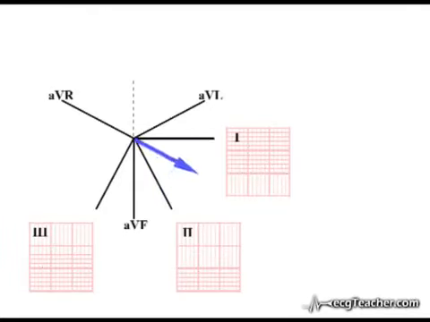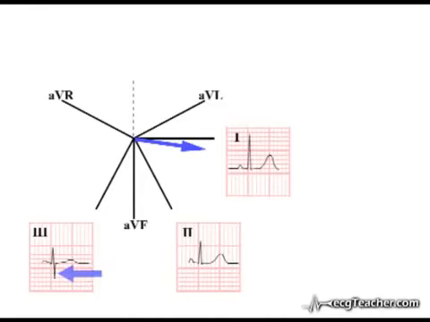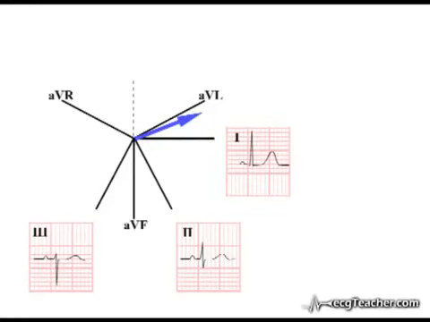As the axis moves towards the left, towards and then beyond 90 degrees off lead 3, this lead will begin to develop an S-wave. As the axis continues to move further towards the left, but still within the normal range, even lead 2 will eventually start to develop a significant S-wave, and the S-wave in lead 3 will become progressively deeper.